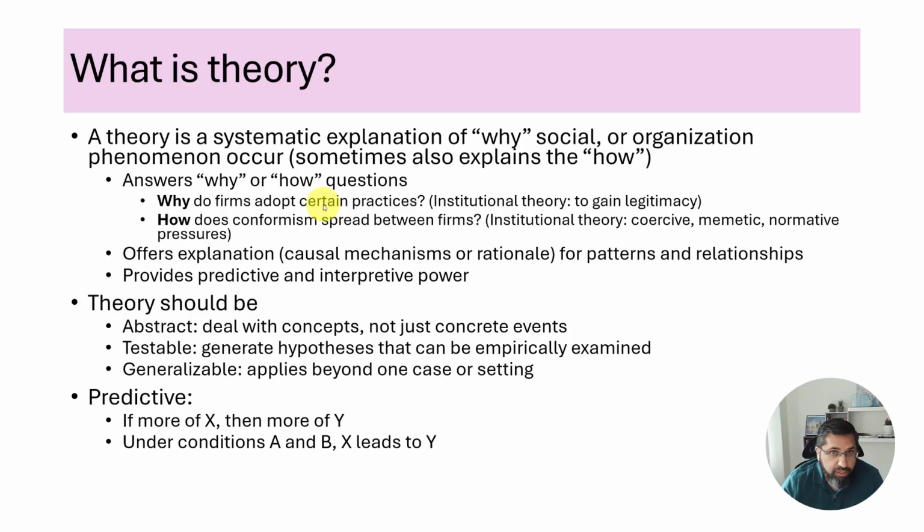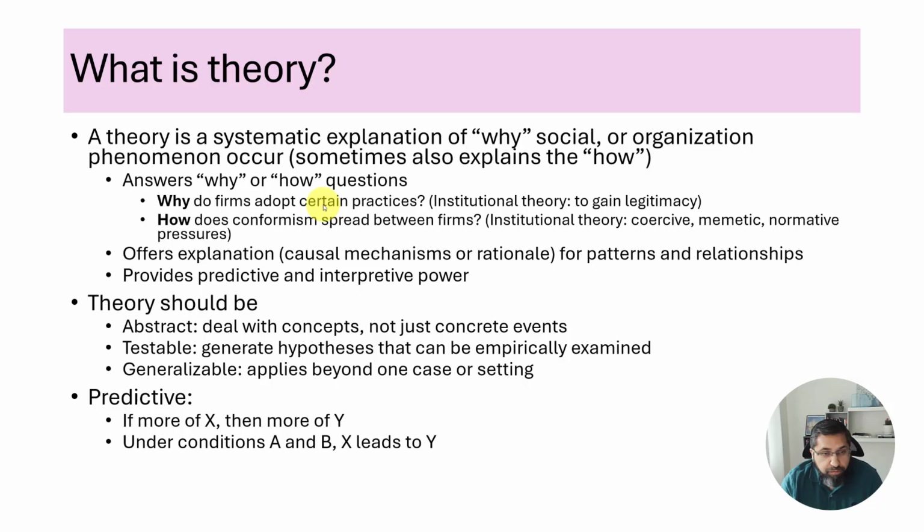Or if more of X, then it will be more of Y. Or in a certain condition, X will lead to Y, things like that. Prediction doesn't mean prediction of the future. Prediction means if certain conditions hold, something else will increase or decrease. Right? It's not necessarily about the future, but it says if these things happen, if these things are true or these things are happening for a company, then it's likely that this other thing will increase or decrease.